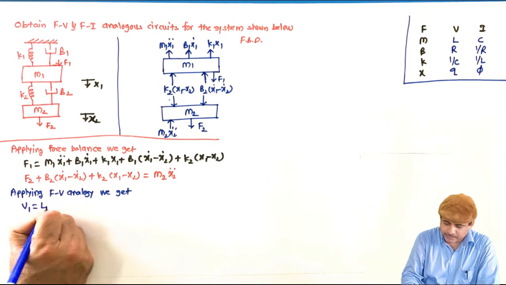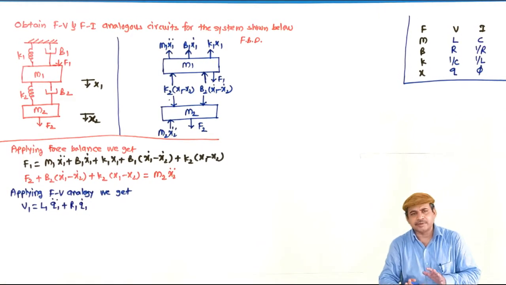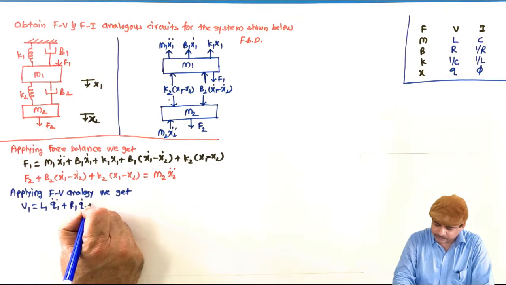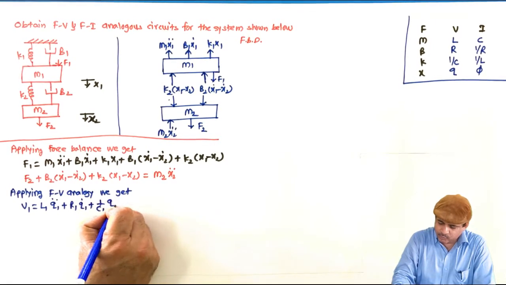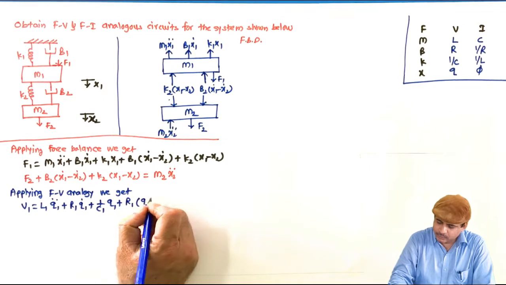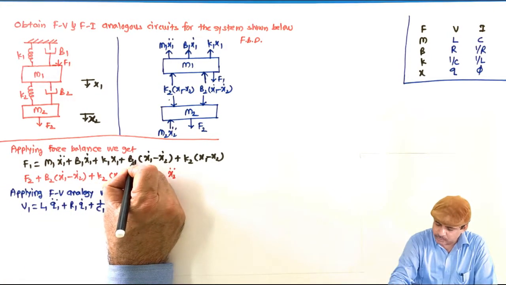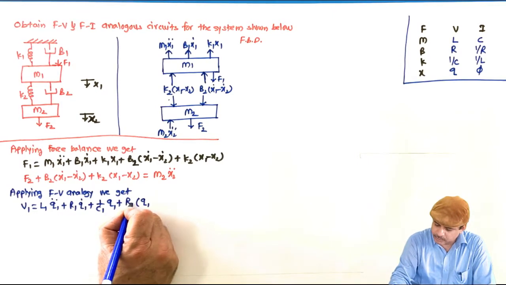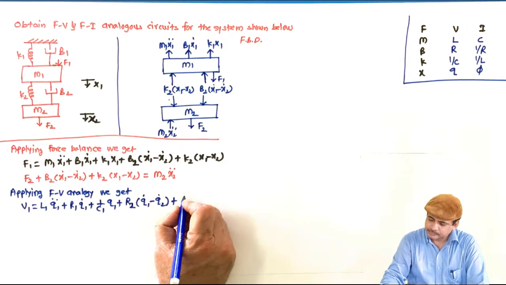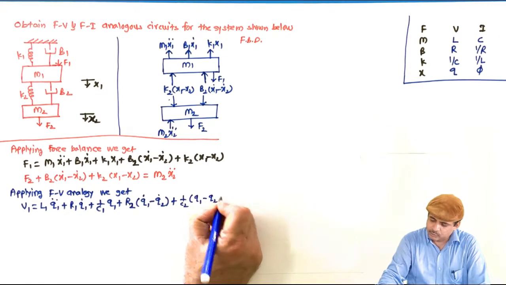So V1 will be equal to L1 Q1 double dot plus R1 Q1 dot plus 1 by C1 Q1 plus R2 (Q1 dot minus Q2 dot) plus 1 by C2 (Q1 minus Q2).